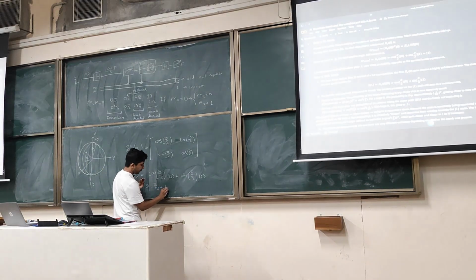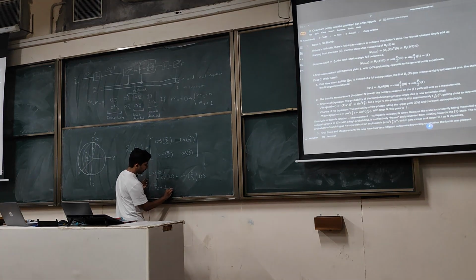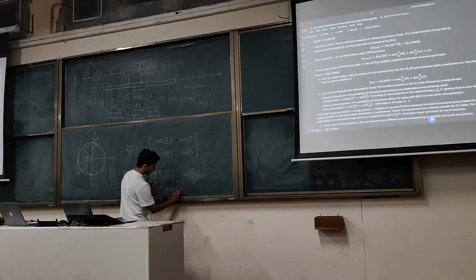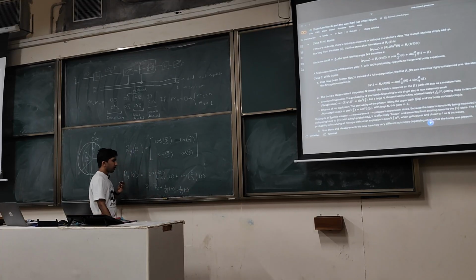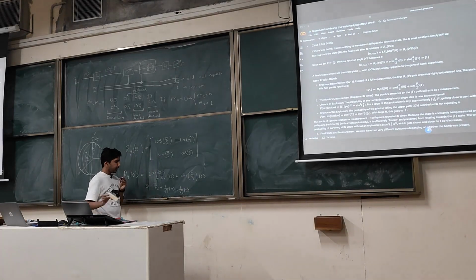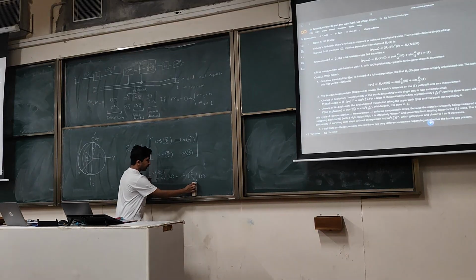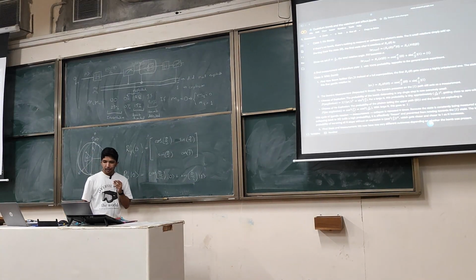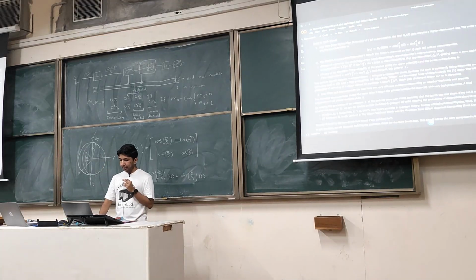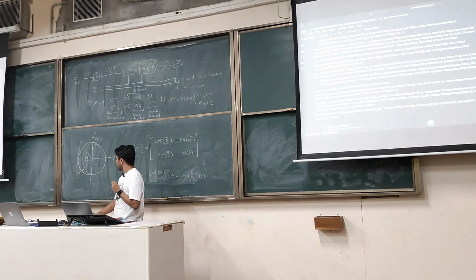Right, that was your previous case. You had 1 by root 2 1. This is what you had. But now we can actually play around with theta and come up with different systems that give us different odds.